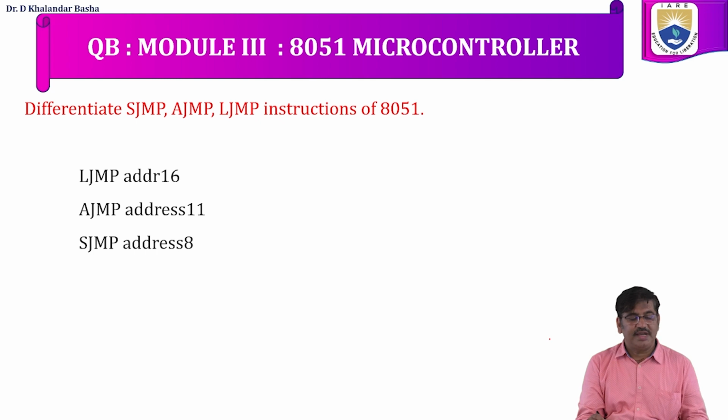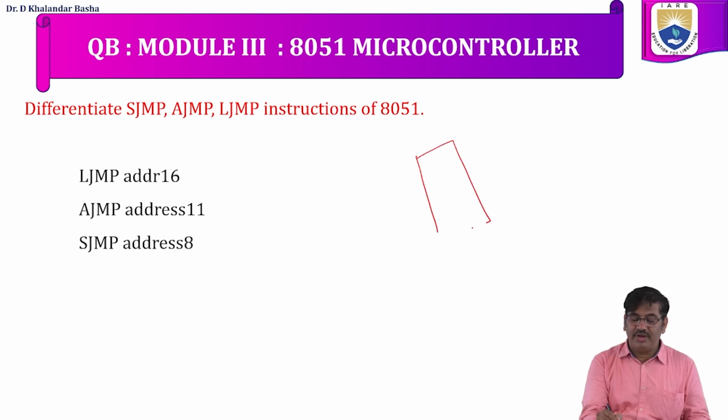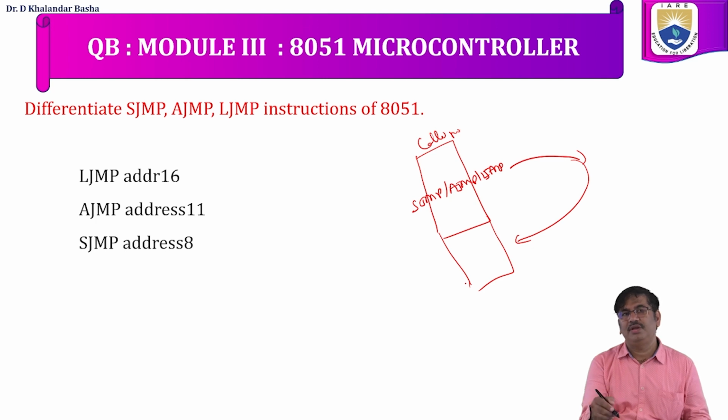The next question is to differentiate between SJMP, AJMP, LJMP instructions in 8051. In a program, whenever we have either SJMP or AJMP or LJMP, the control will be transferred from the called program to another location. It may reside in the same program, in the upward or downward direction.